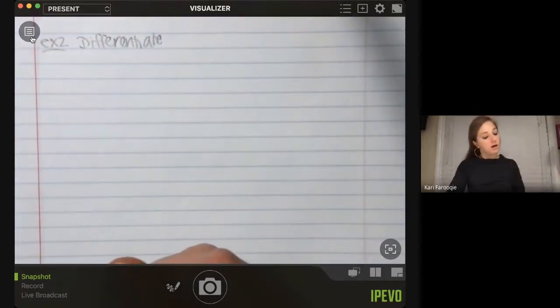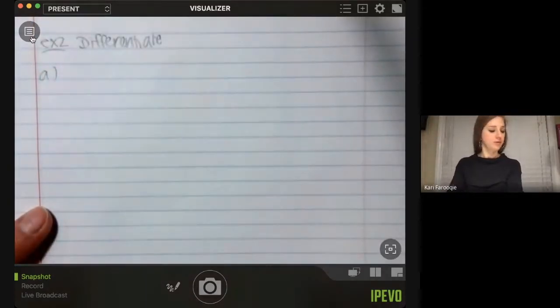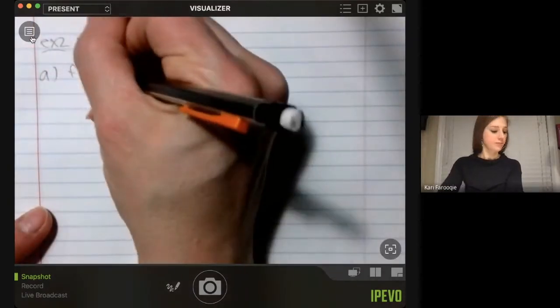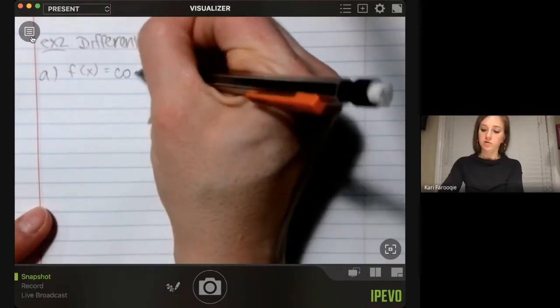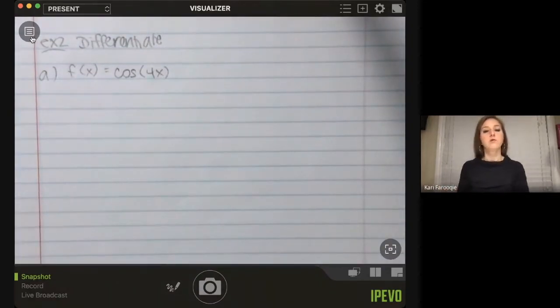The first one will be f of x equals the cosine of 4x.